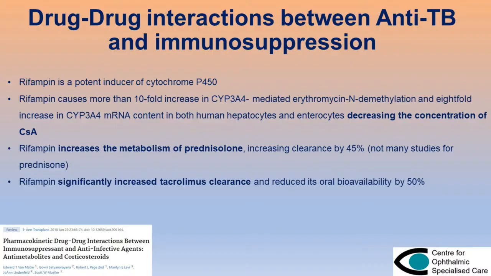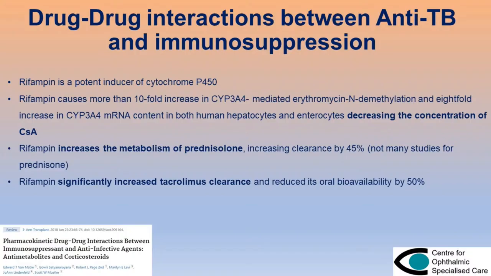It is known that rifampicin is a potent inducer of cytochrome P450, which means it can increase the activity of the cytochrome, and by consequence, it can decrease the concentration of cyclosporine. Similarly, rifampicin can decrease the level of prednisolone by increasing its metabolism, and it is reported that it can increase clearance by 45%, which means that half of our treatment goes away.